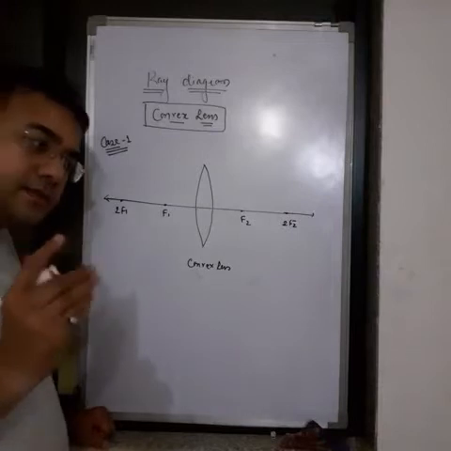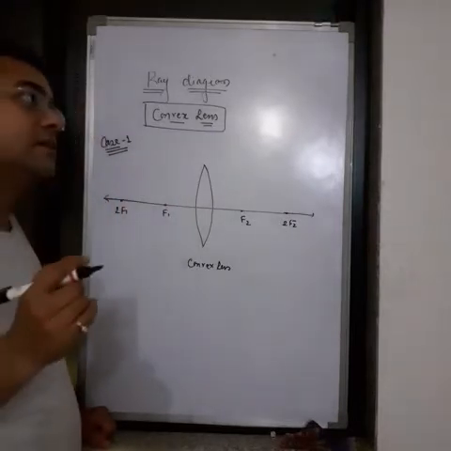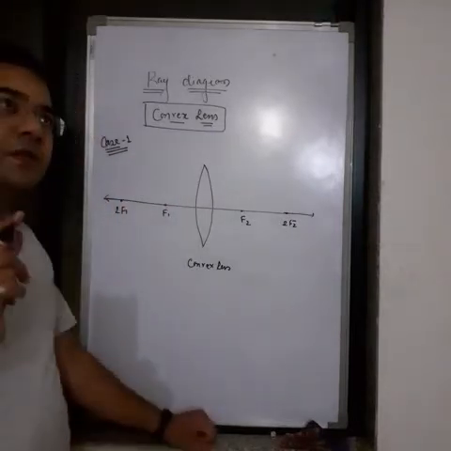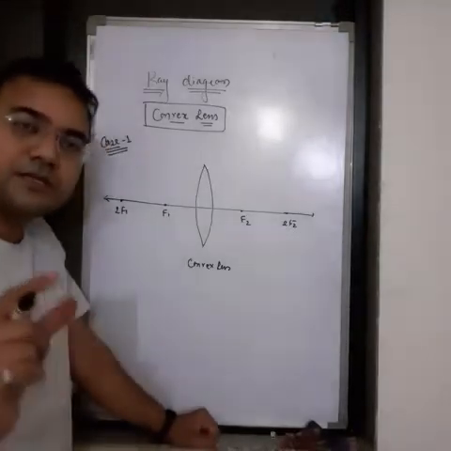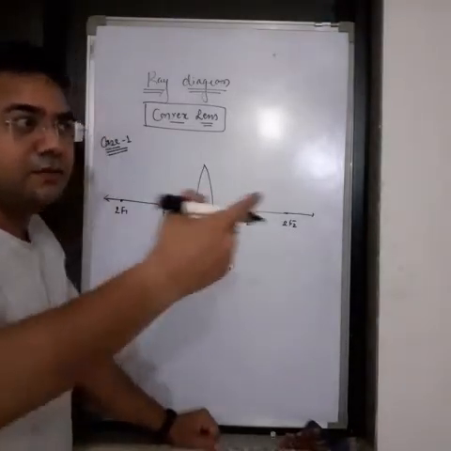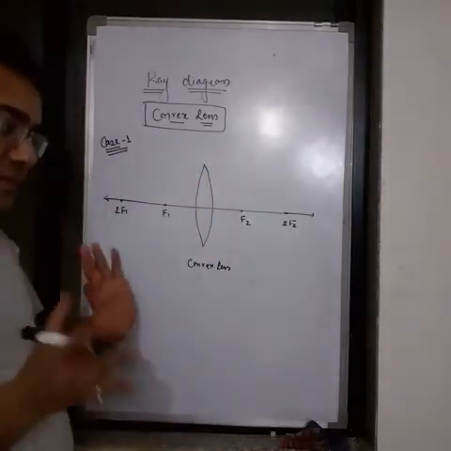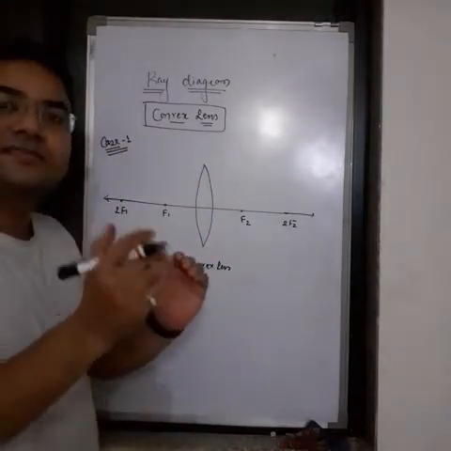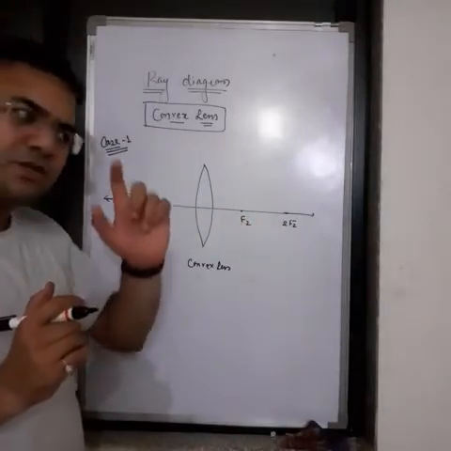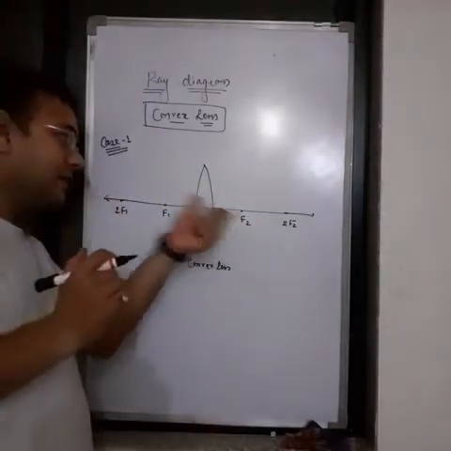So see, in case of the mirror, we already studied that if our object is beyond the C, then the image is between C and F. Very similar here.